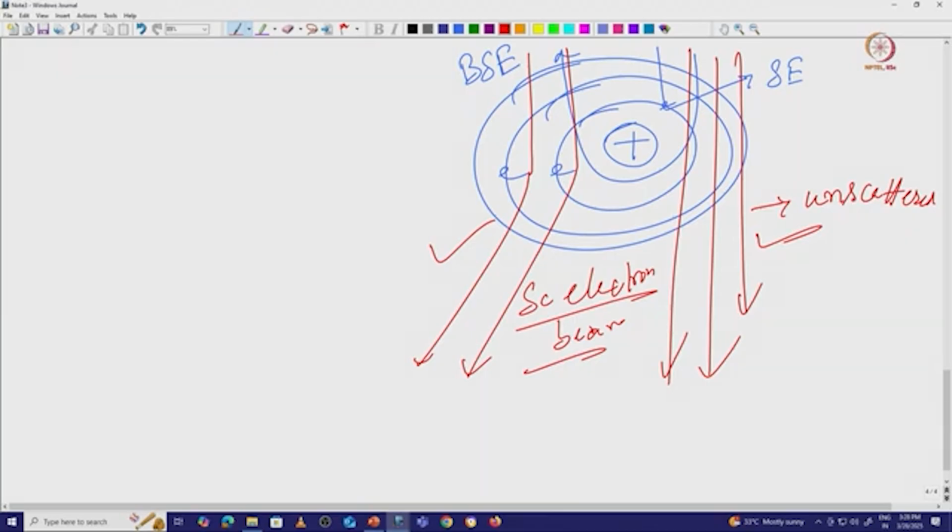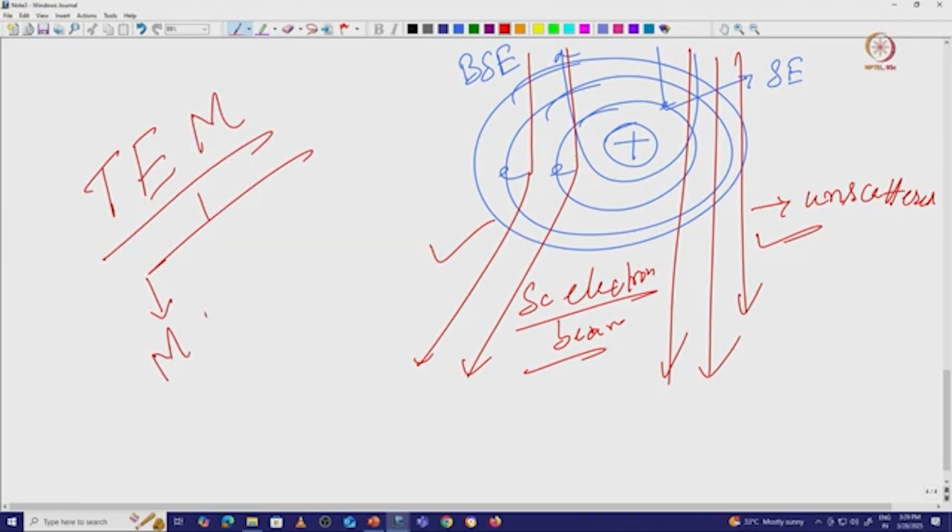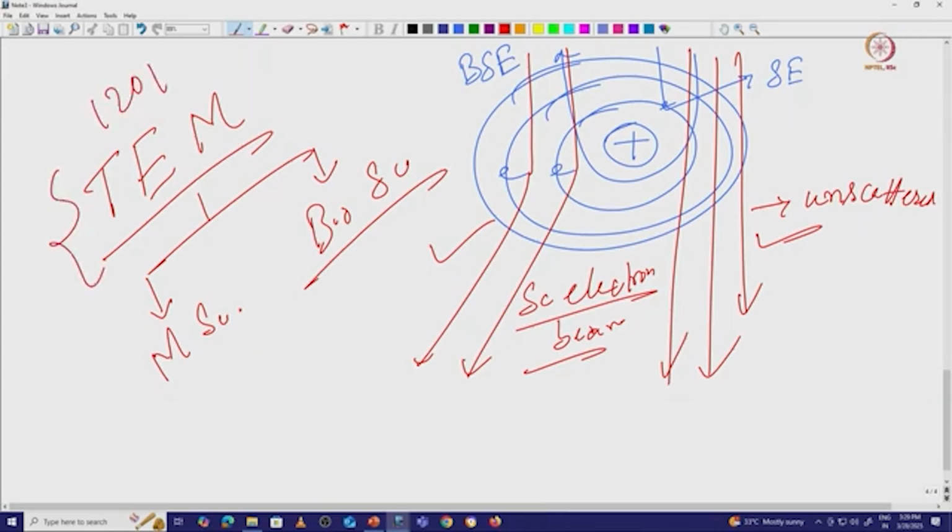That is an important part: whenever we talk about the transmission electron microscope, two things come up, one for material science and one for bioscience. Similar terms, either 120 kV, 200 kV or 300 kV, we use for material science and biological science samples.